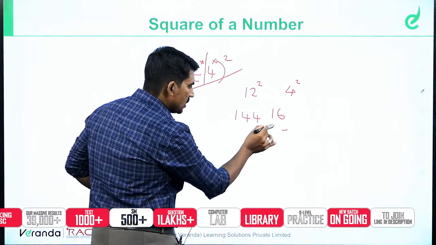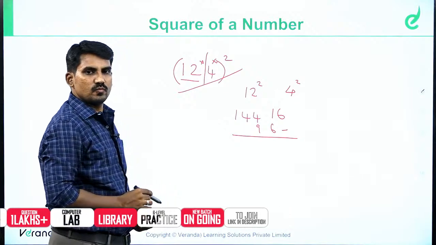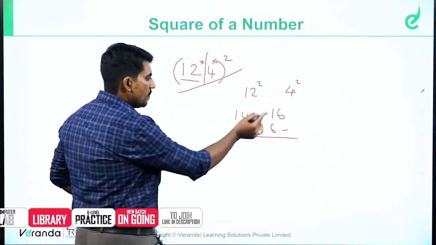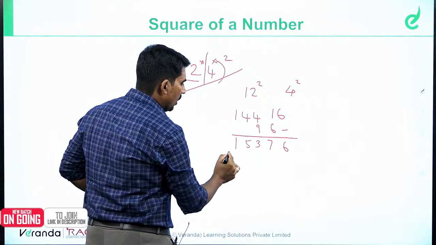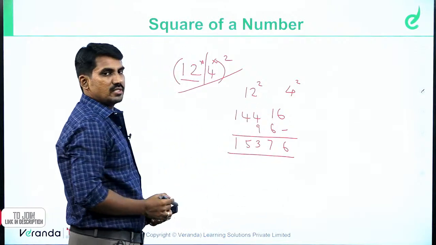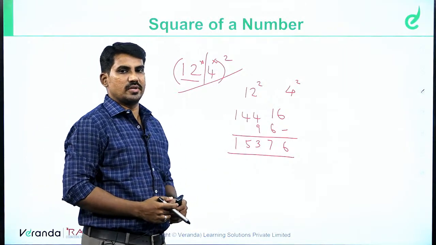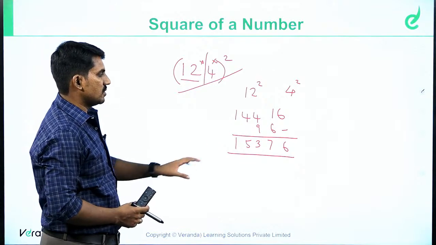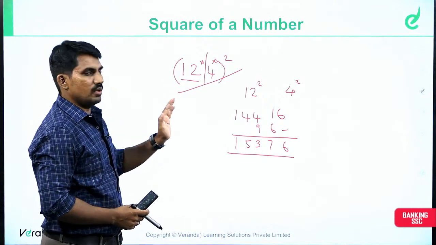Leave the last digit and write 96 here. Now add everything: 6, 7, 13, 5, 1. 15376. Clear?